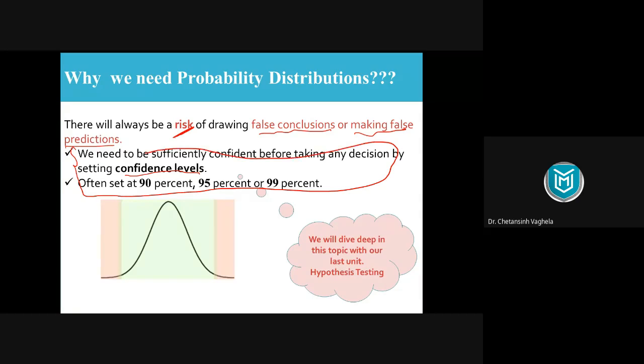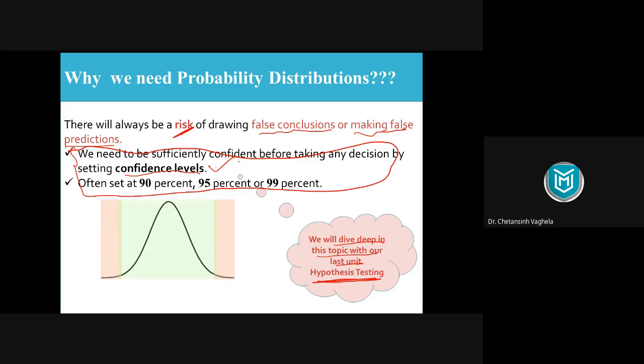All these things we are supposed to cover in unit number 5. We will deep dive in this topic with our last unit, and the last unit का जो नाम है वो है hypothesis testing. So don't worry about this. इसके लिए तो एक पूरा यूनिट पड़ा हुआ है hypothesis testing.